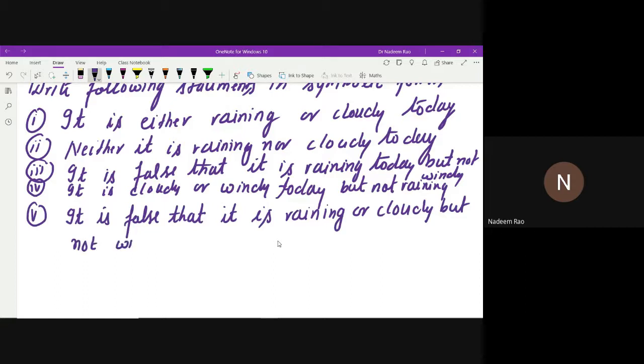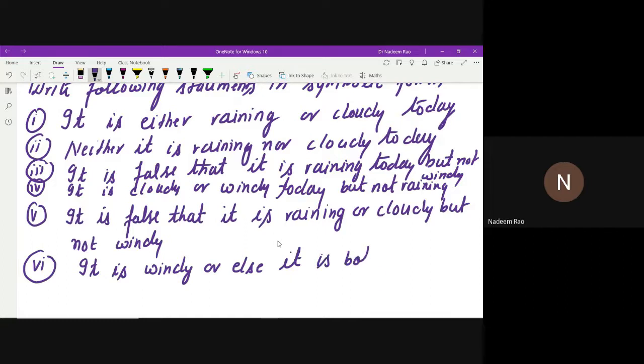Okay, last one. It is windy, or else it is both raining and cloudy.